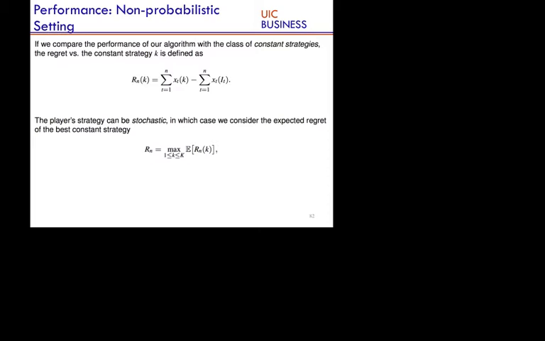What I'm comparing myself to, I'm saying I want to compare myself to the index which is the best, which is going to maximize my reward, and I want to minimize this regret. Once you get rid of expectations, you have to define what your comparison is. So that's why I'm defining this as the expected regret compared to the best constant value.